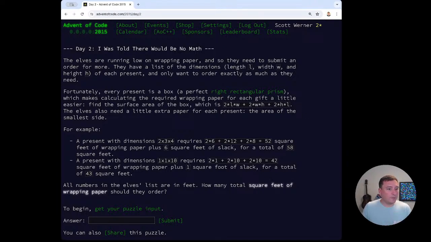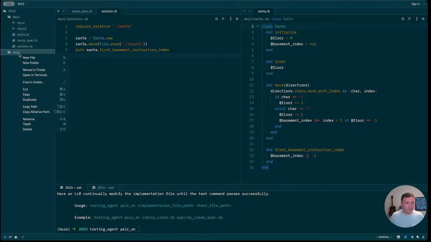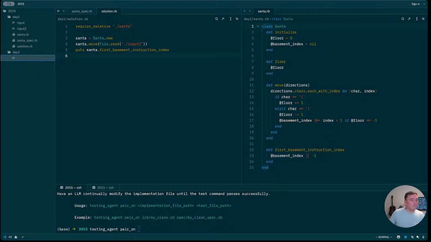Okay, so let's get set up here in the editor. We still have yesterday's, the day one's project, so let's go ahead and create a new folder for day two. Let's switch back to the browser.